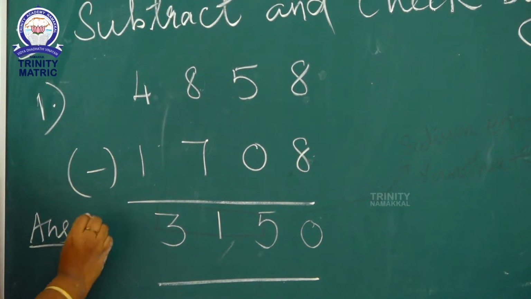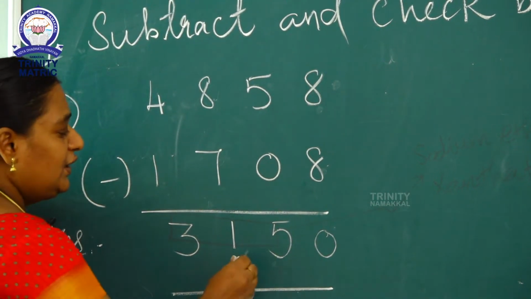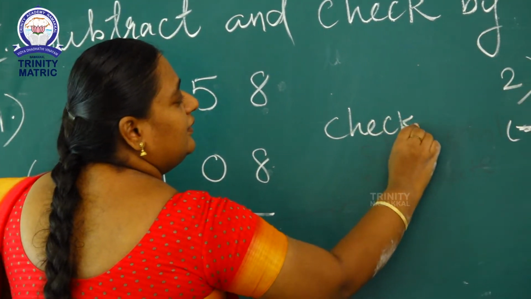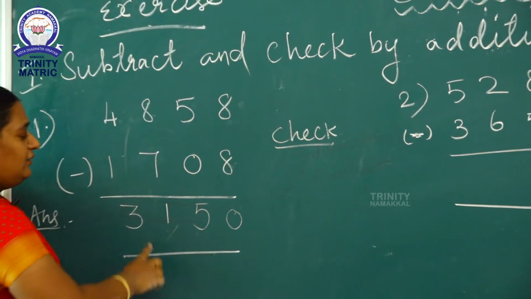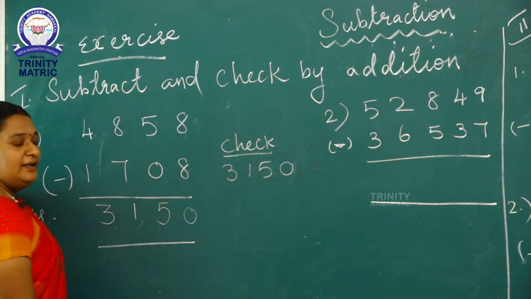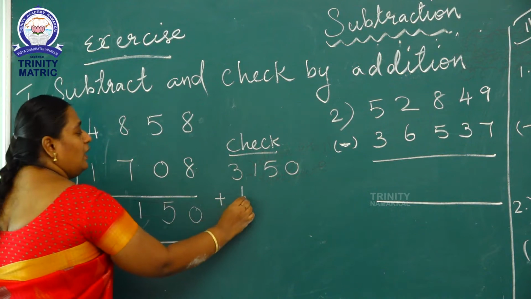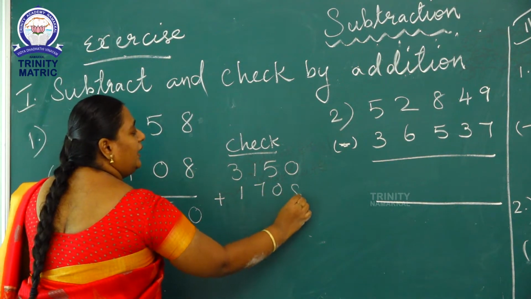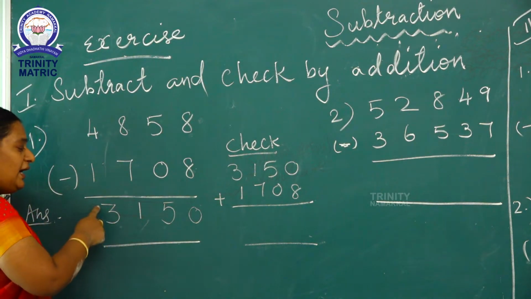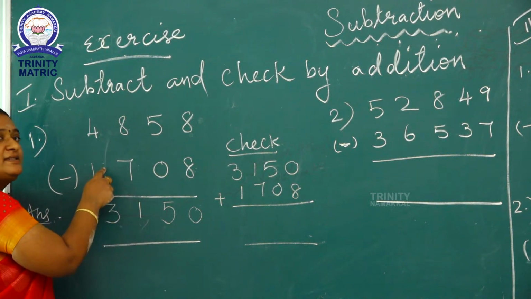You are going to check whether your answer is correct. Now listen, what you have to do is write the answer, plus you add the subtrahend, 1708. You add these two numbers. Once again I repeat, you add this difference plus this subtrahend.